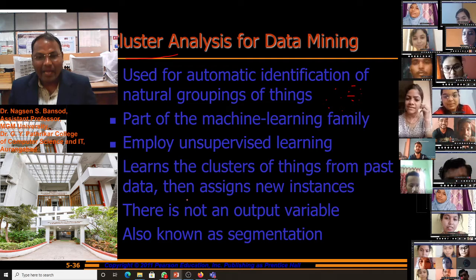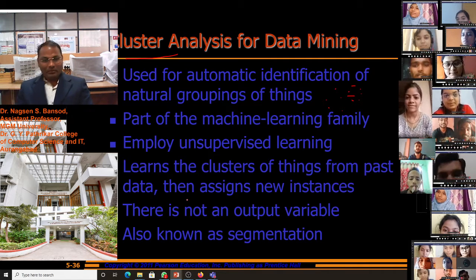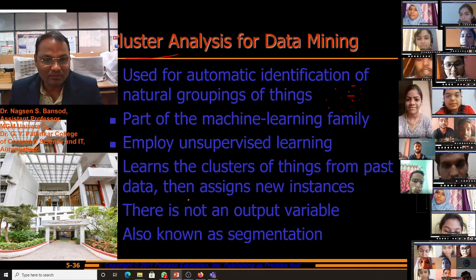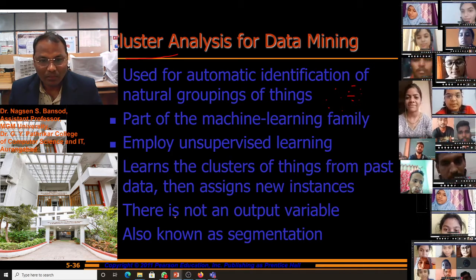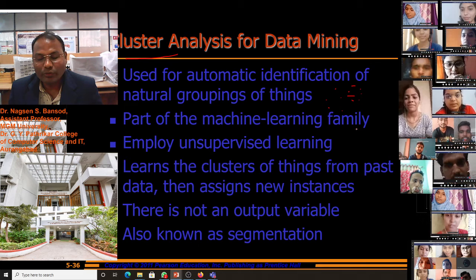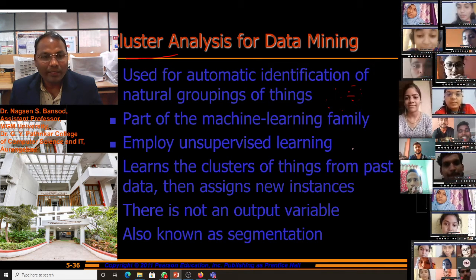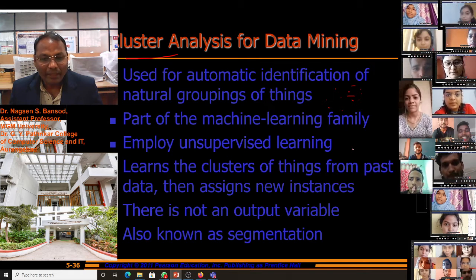There is not an output variable, also known as segmentation. We don't have a fixed output variable in clustering. In that case we can use cluster analysis.